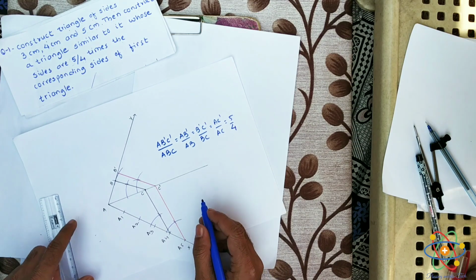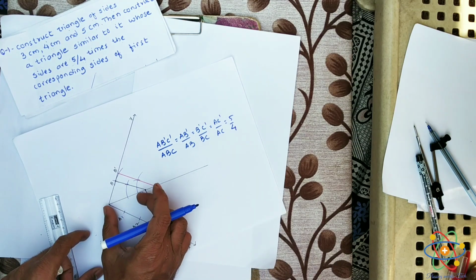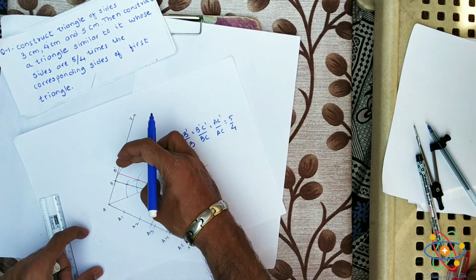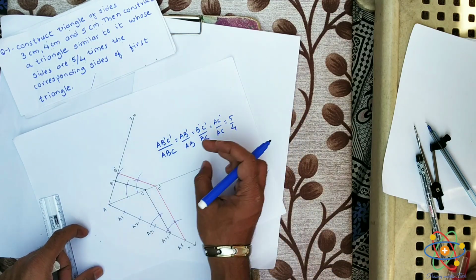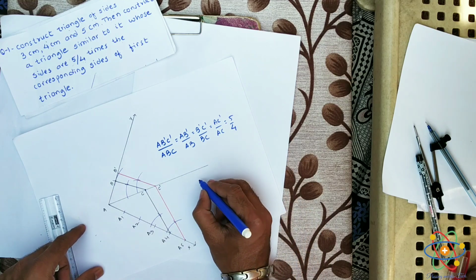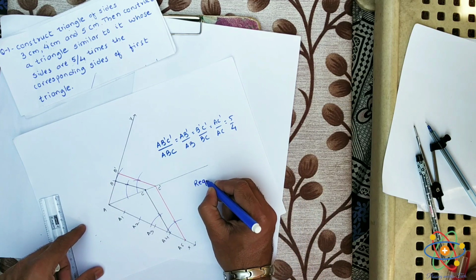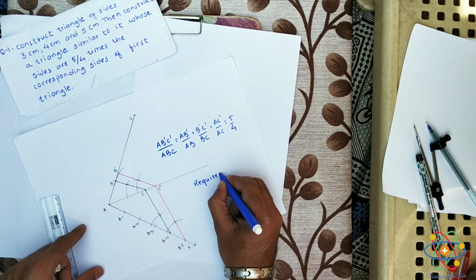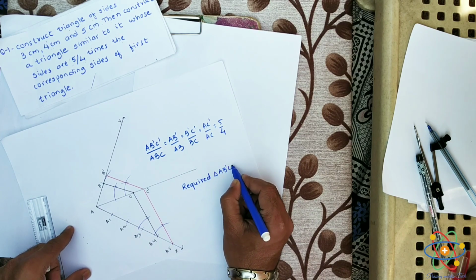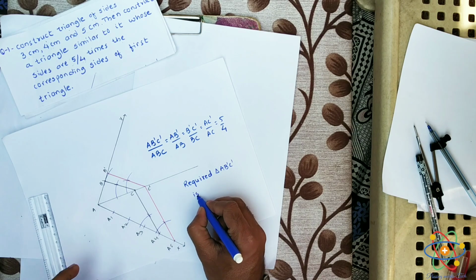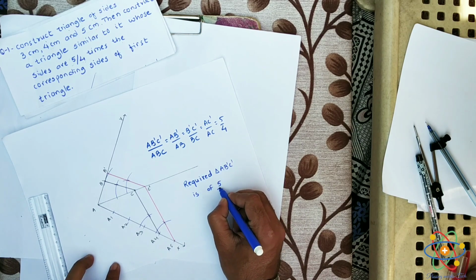So this is not 5 centimeters or 4 centimeters. This is a 5 unit to 4 unit ratio between the measurements of sides of triangle AB dash C dash and ABC. So our required triangle is AB dash C dash, which is 5 upon 4 times the corresponding sides of triangle ABC.